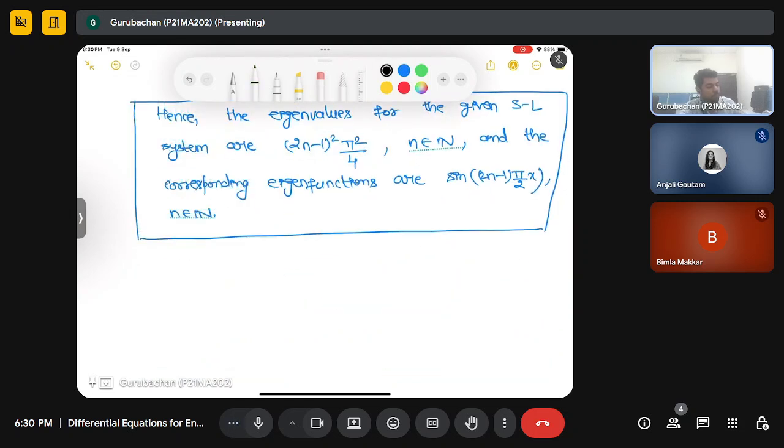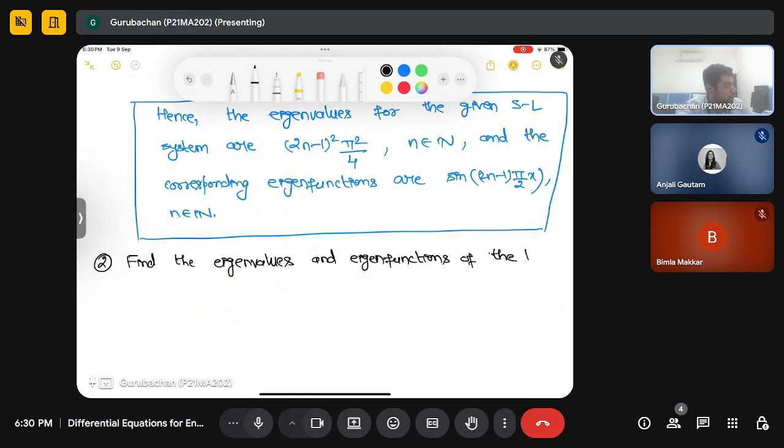In this question, we will discuss another Sturm-Liouville system, which is somewhat different from this regular system. So the second question is, find the eigenvalues and eigenfunctions of the periodic SL system.